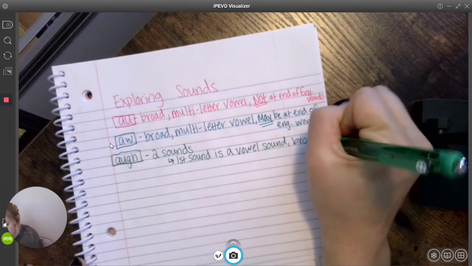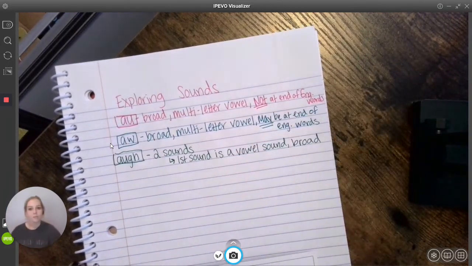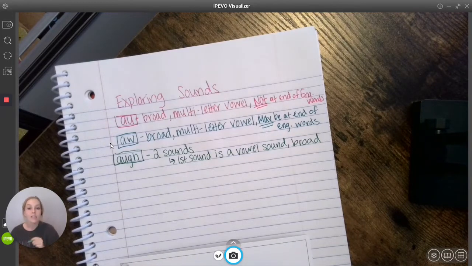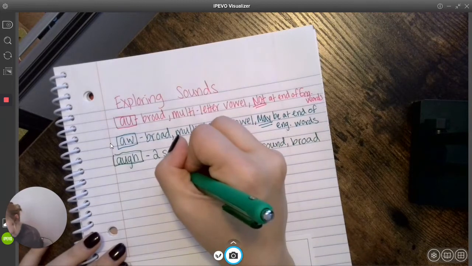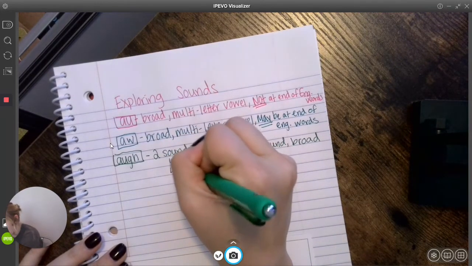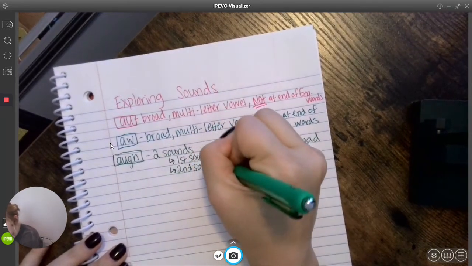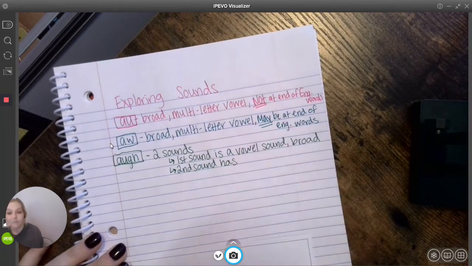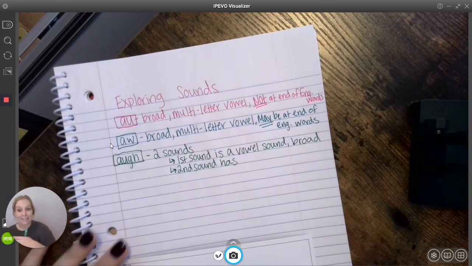It's broad. The first sound, ah, is a broad vowel sound. The second sound has two sounds, a and f.